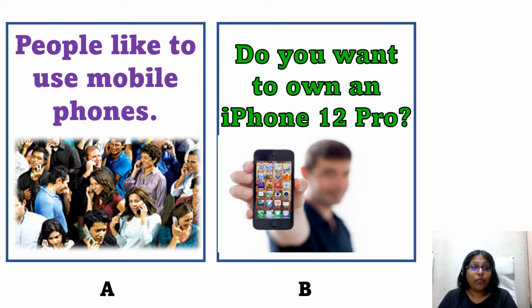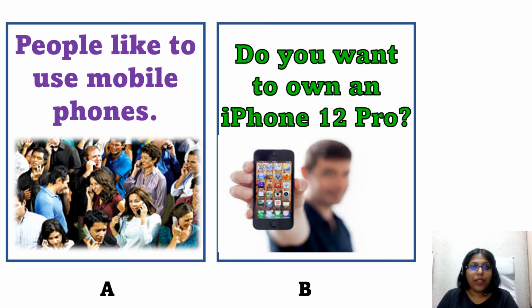It's like, involving you. Definitely it is B because it says, do you want to own an iPhone 12 Pro? Whereas in A, people like to use mobile phones. Who are these people? We do not know them, right? So that doesn't sound very personal.